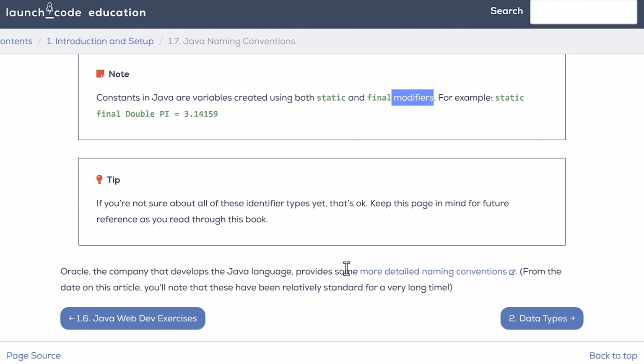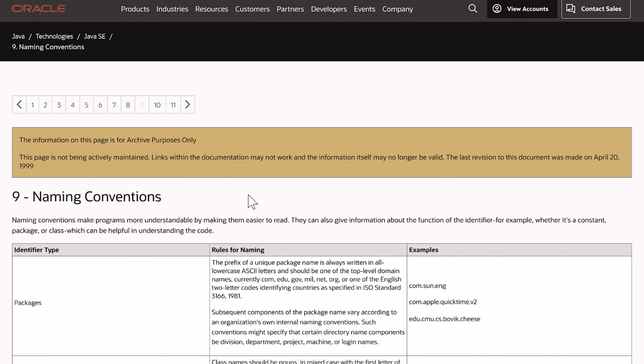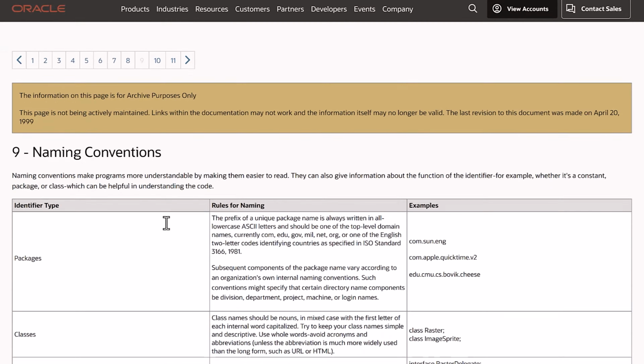It says Oracle, the company that develops the Java language, provides some more detailed naming conventions. From the date on this article, you'll note that these have been relatively standard for a very long time. So let's go there. All right, here are the naming conventions.